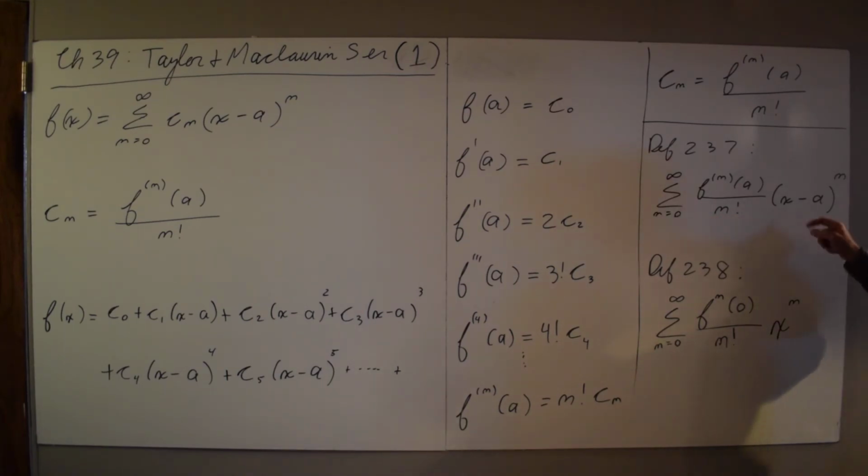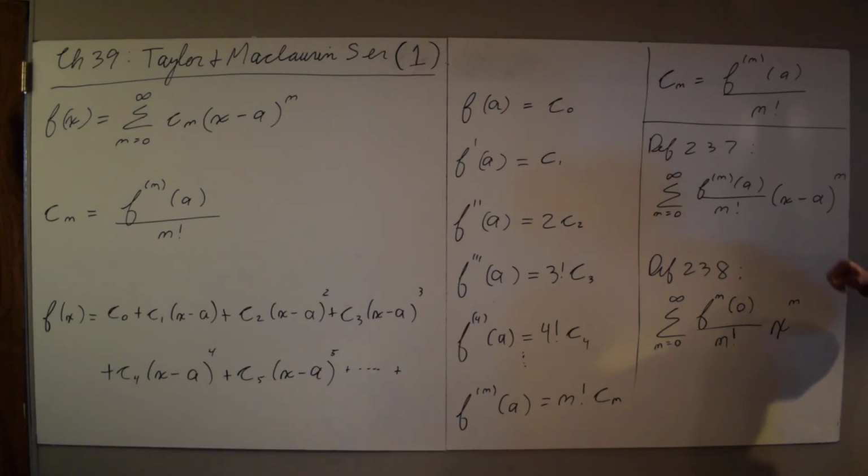Now, it may not converge everywhere. Again, remember what a power series does. It will converge only at a, it might converge on the entire real line, or it might converge on an interval of finite length. But this is what the Taylor series is, regardless of where it converges or doesn't converge.